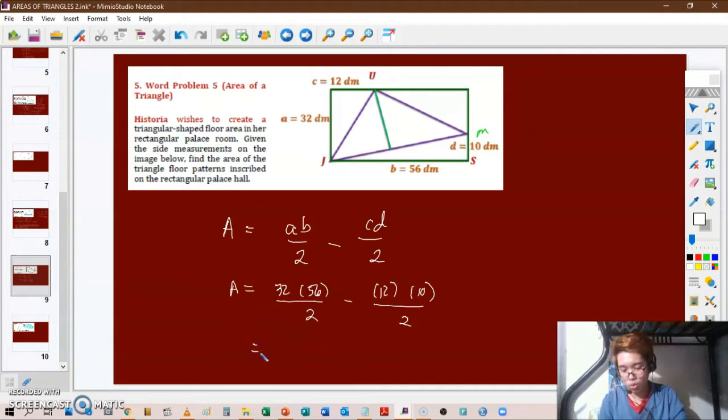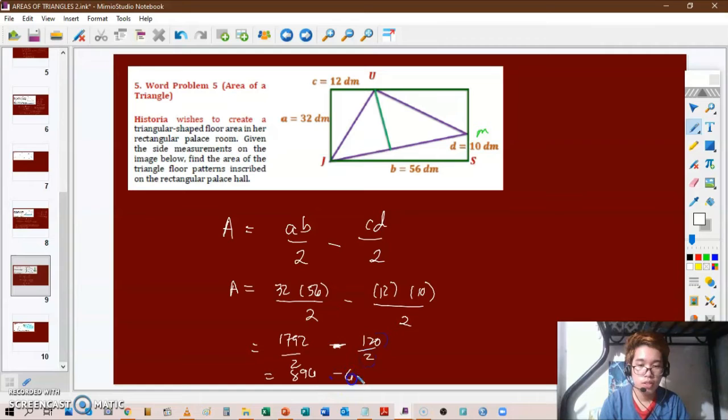So 32 times 56 gives us 1792, all over 2, so that's going to give us 896. And then we have here 100 minus 120 all over 2, so that's going to give us 60. And then 896 minus 60 gives us 836.